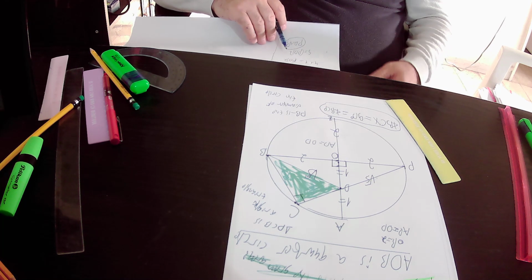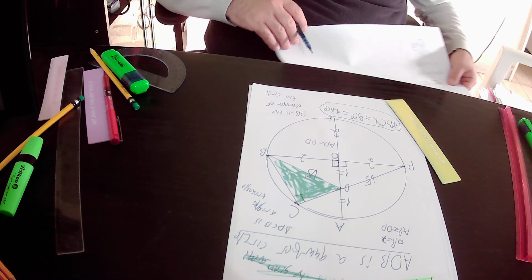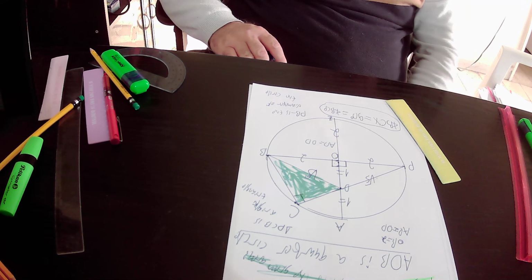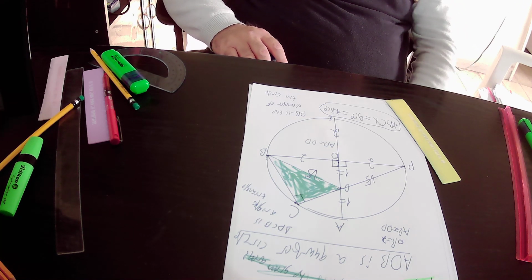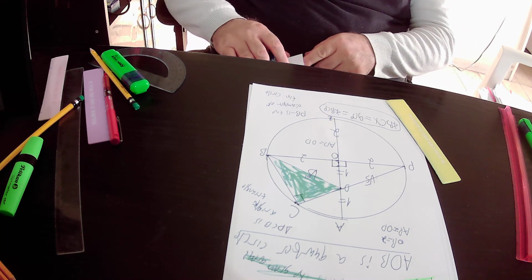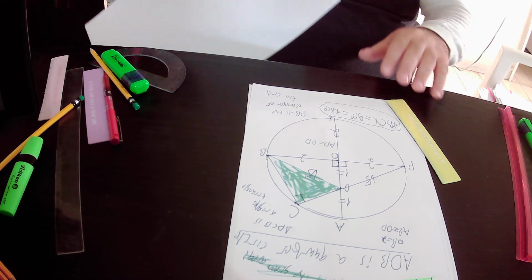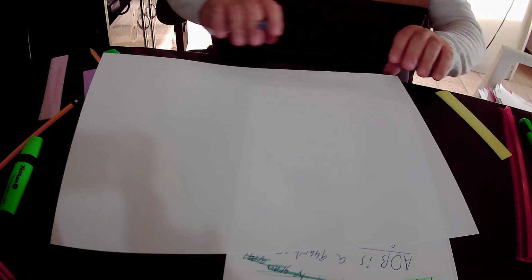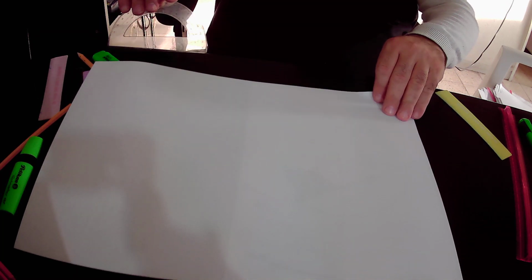So in the next step, I will present to you a rule that is related to two chords that intersect with each other inside the circle, and we will implement this rule in our drawing.